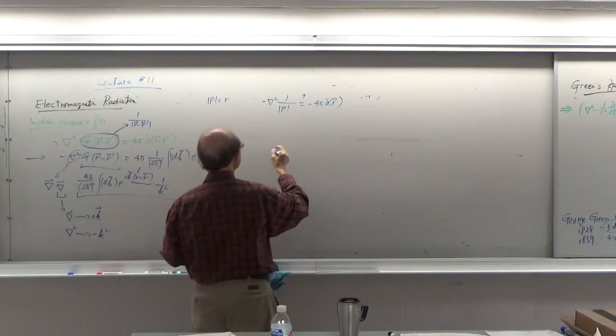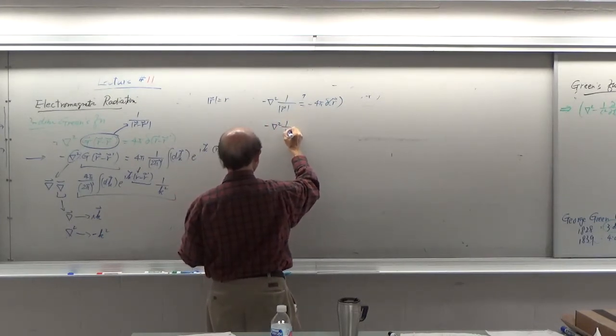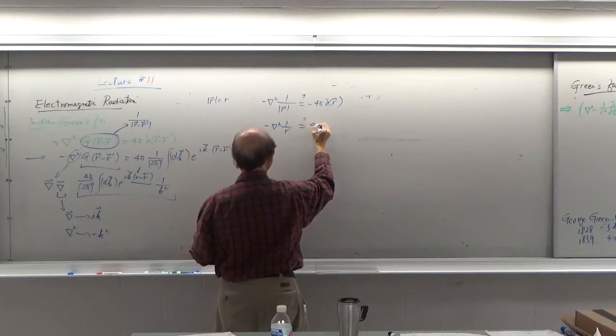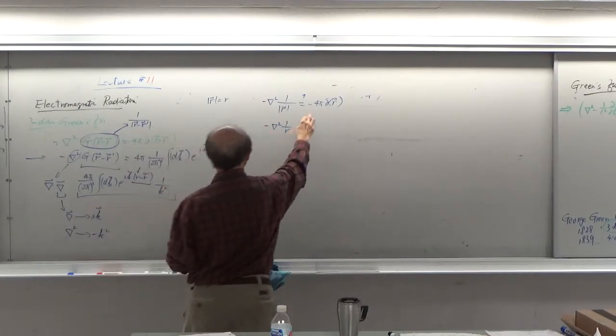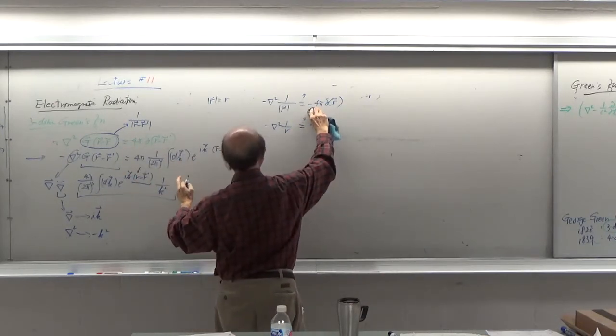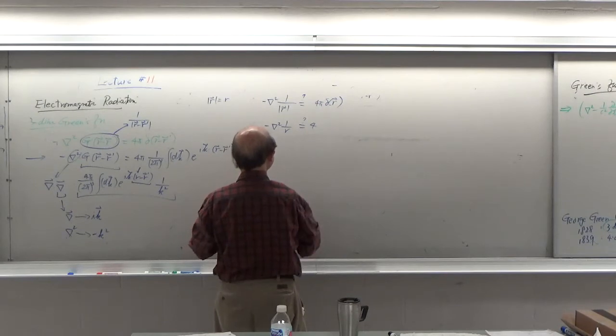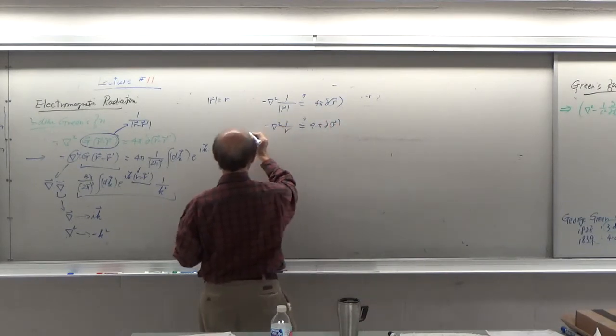So minus Laplacian of 1 over r, is it equal to 4 pi... Whoop! Wait a minute. There's no minus. There's plus. I don't know why. Put in my sign myself. You want to check.